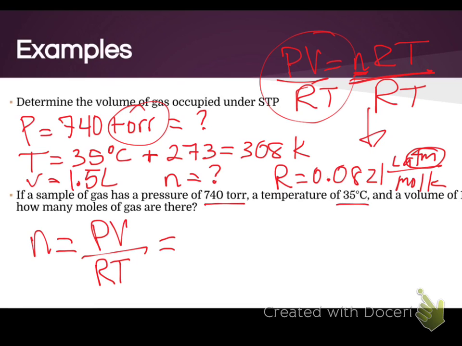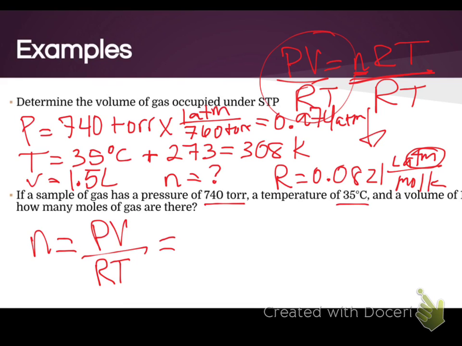So we're going to do that by looking up the relationship between atmospheres, which is what I'm trying to get to, and torr from prior slides. So we go 740 divided by, because the atmosphere is on the bottom, torr is on the bottom, and we get 0.974 atmospheres.